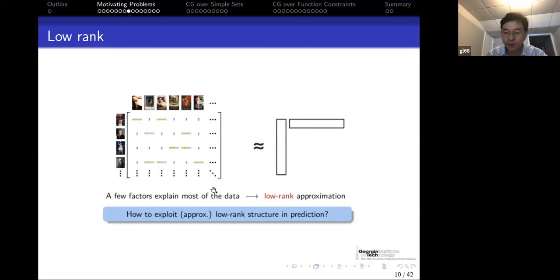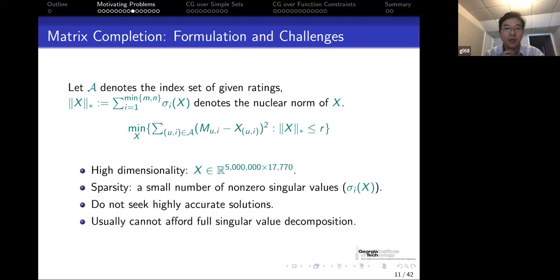unrated movies. So the problem can be formulated like this. We use A to denote the index set of the given ratings.